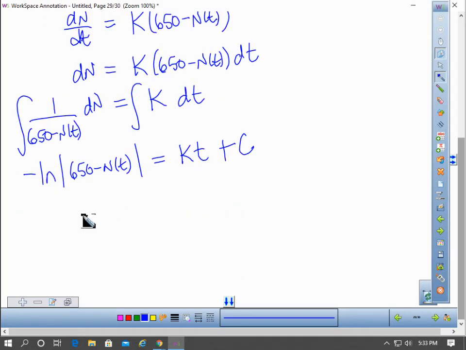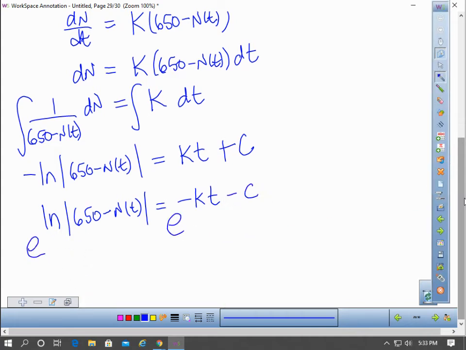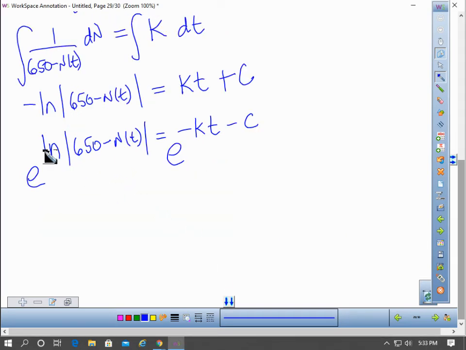All right, so now let's see. One thing I can do is I can move this negative over to this other side, which I like to do to get rid of that a little bit. So I like to multiply that over to this side. And so then I can do the e business. Okay, so these cancel.